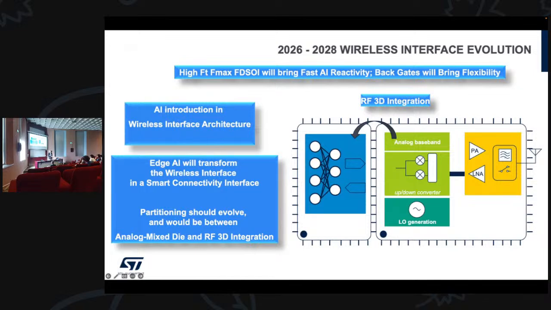So there are solutions I didn't speak about today, but for instance, in Leti, they are working on a TORP LO generation. The TORP LO generation is that you have a reference, for instance, at 2 gigahertz. This is what they use in their circuit. And you create a multiplication of this reference.